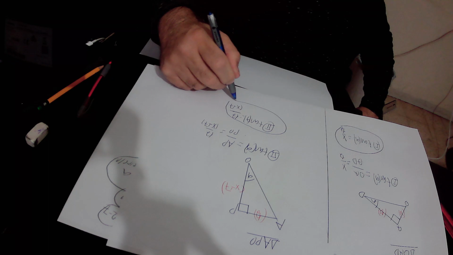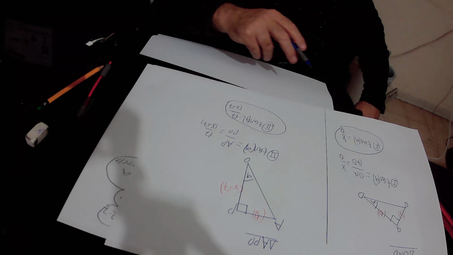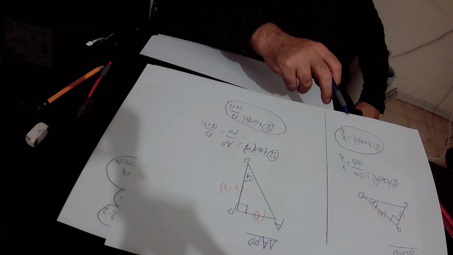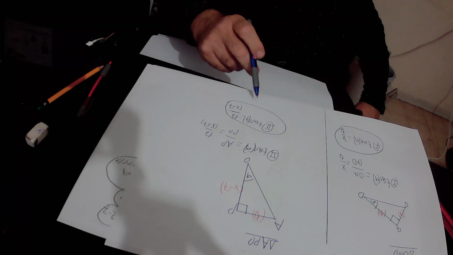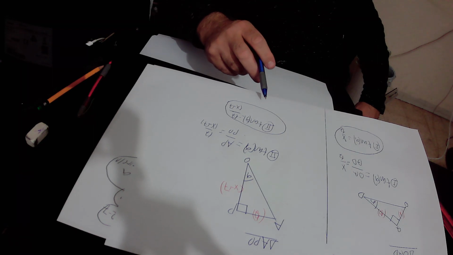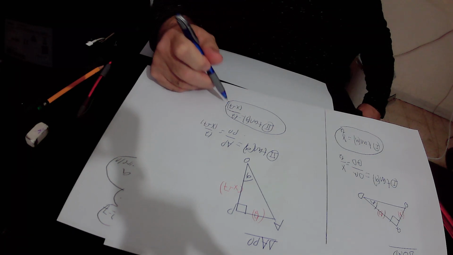So we have two different expressions for tangent alpha. Tangent alpha according to equation number 1 equals x over 12. And tangent alpha according to equation number 2 equals 12 over x plus 7.